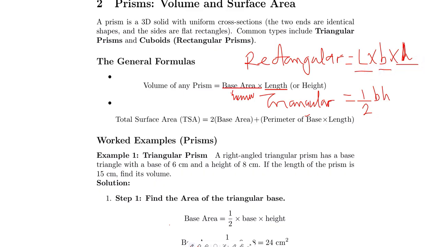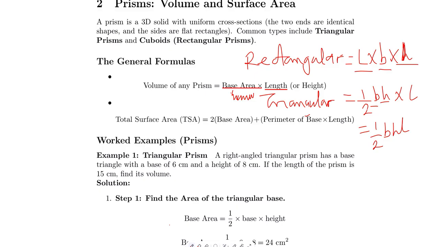But if you look at this triangular, I have base and height, so I'll multiply with length. So that means I will have half BHL. We are going to be seeing how we are going to be dealing with these examples. I'm just telling you the general formulas first, so that you can be aware of what we are talking about.